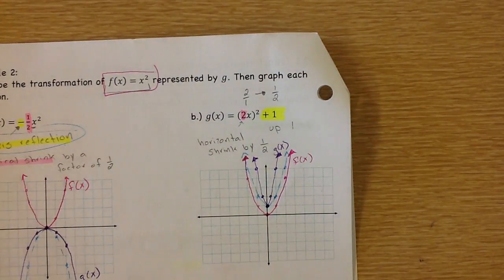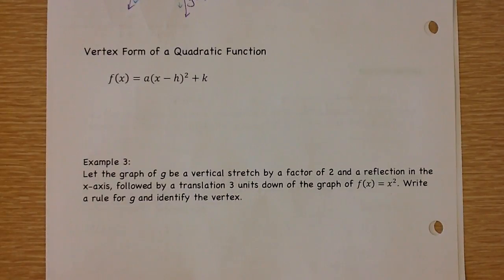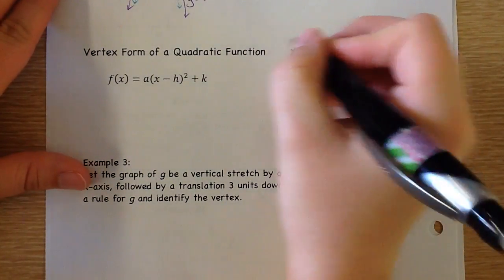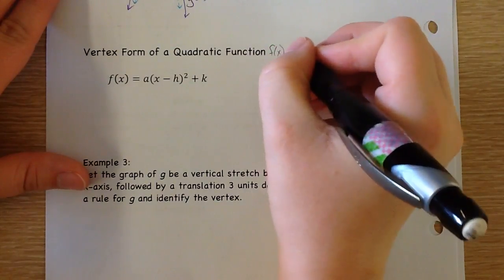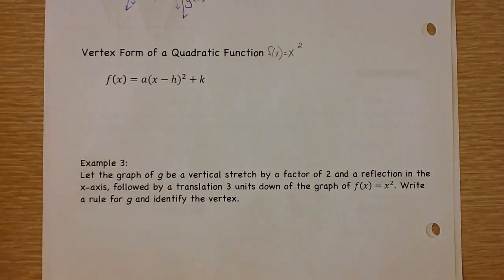Okay. All right. Now we have what's called the vertex form of a quadratic function. Again, our quadratic parent is f of x equals x squared. So we can actually put all of our transformations together for this form.